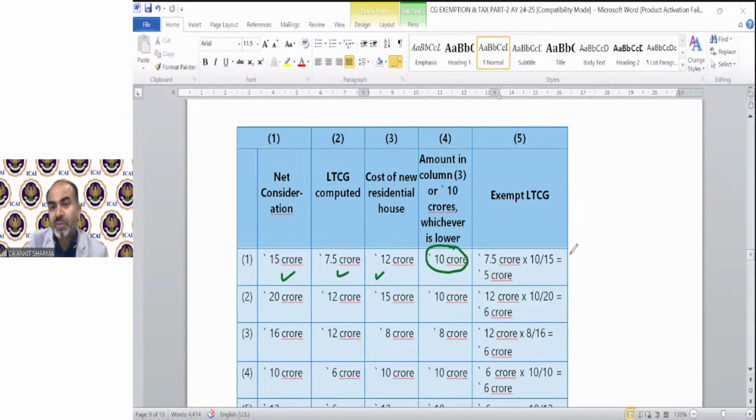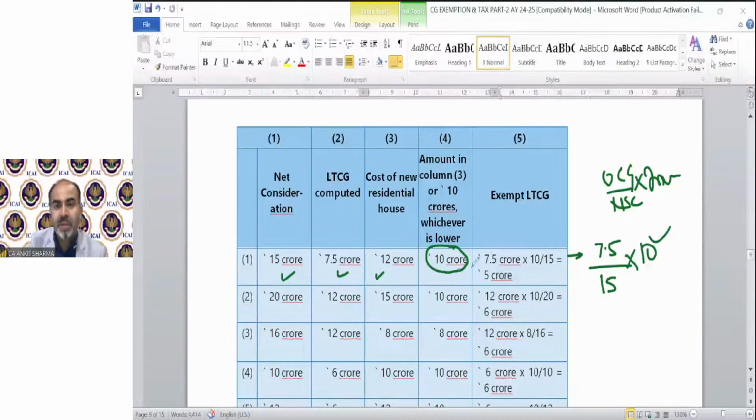Now for the purpose of exemption, we will apply the formula: original capital gain, that is 7.5 crore, upon net sale consideration, multiplied by the investment. Clear? So 7.5 crore upon net sale consideration, that is 15, multiplied by the amount of investment, which can be maximum 10 crore in this case.